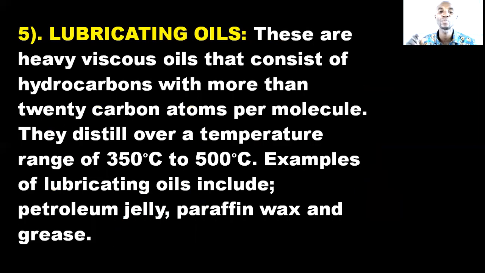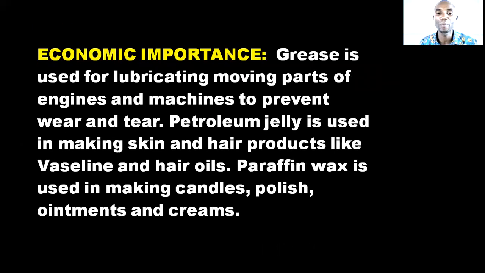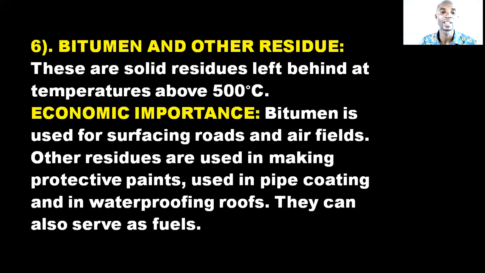The next one is lubricating oil, and they are heavy and viscous, consisting of hydrocarbons with more than 20 carbon atoms per molecule. And what is the economic importance of that? Grease is used for lubricating moving parts of engines and machines to prevent wear and tear. Last one is bitumen and other residues.